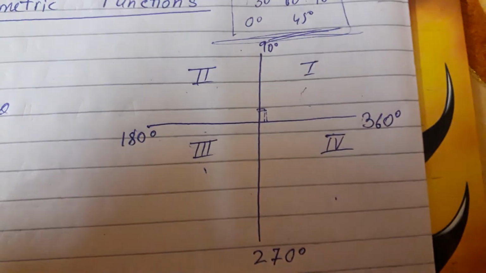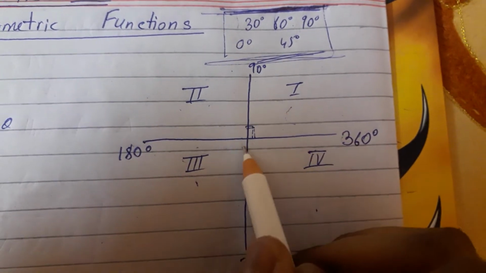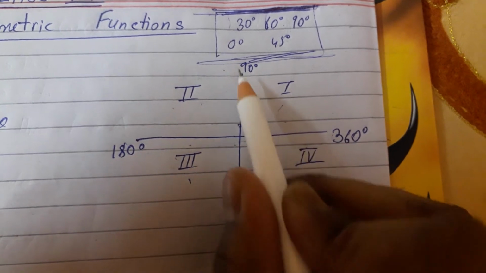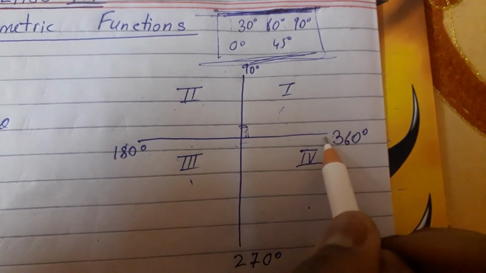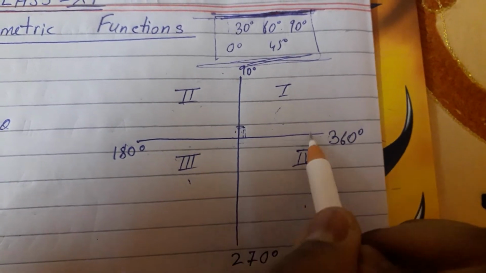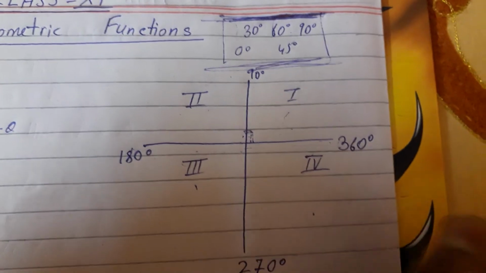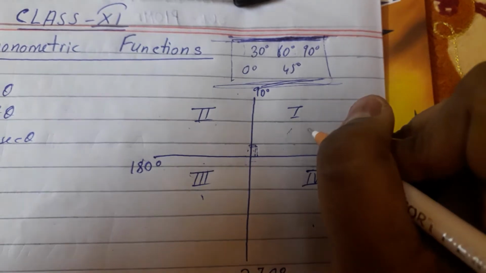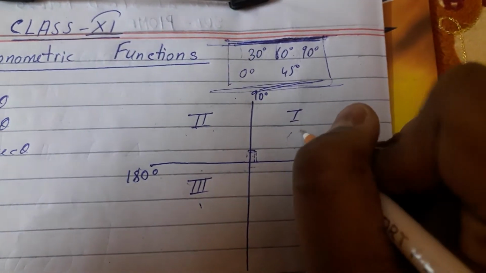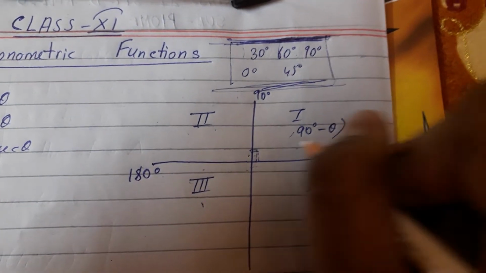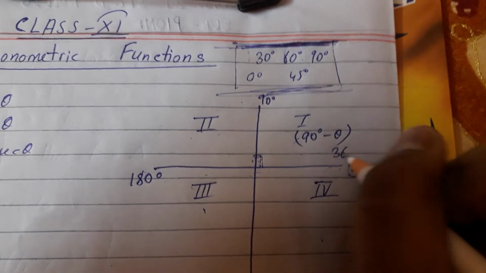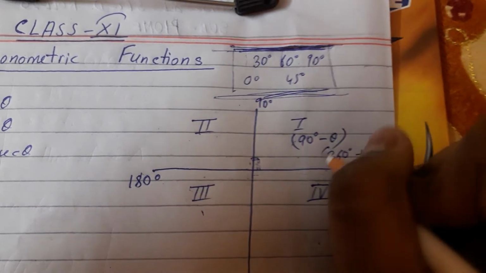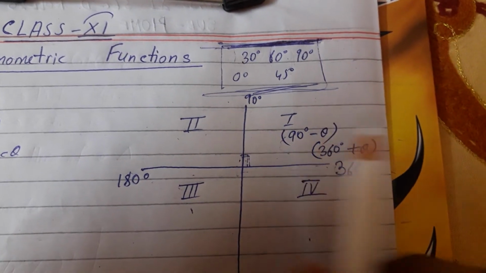Now, since it is 90 degree here, you can define this first quadrant as 90 degree minus theta, or above 360 degree, so 360 degree plus theta. You can define it by these two ways.